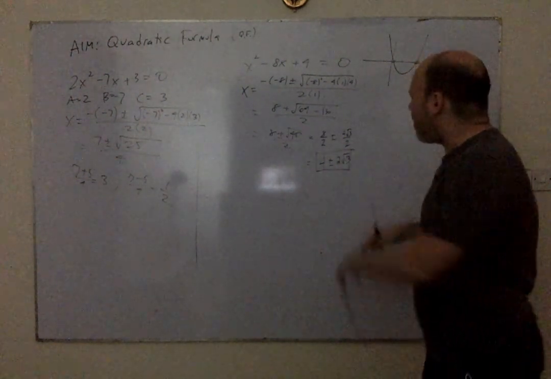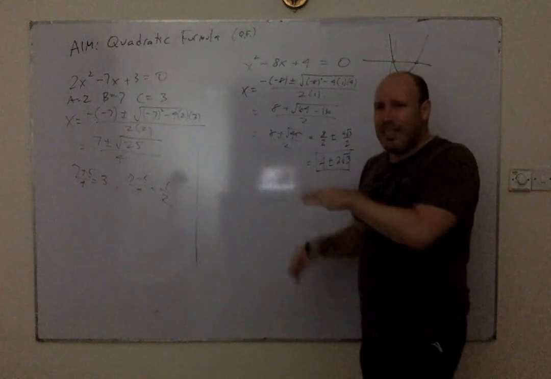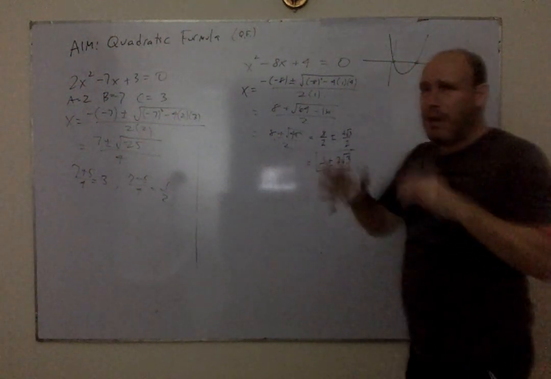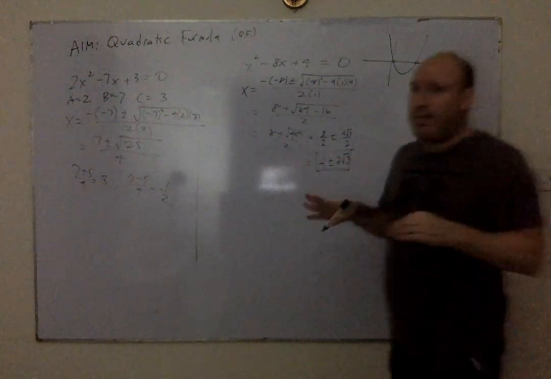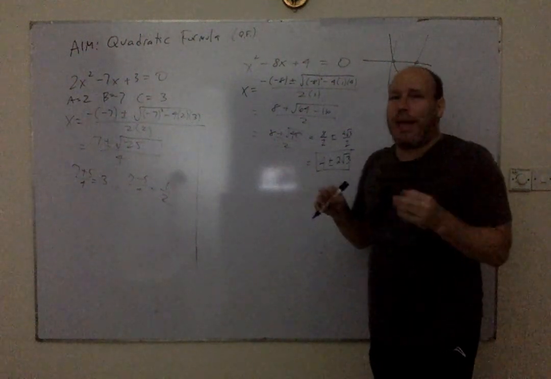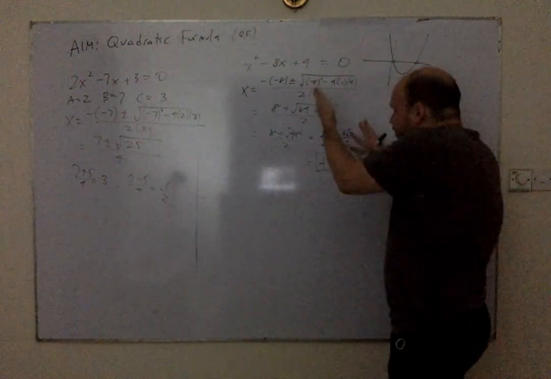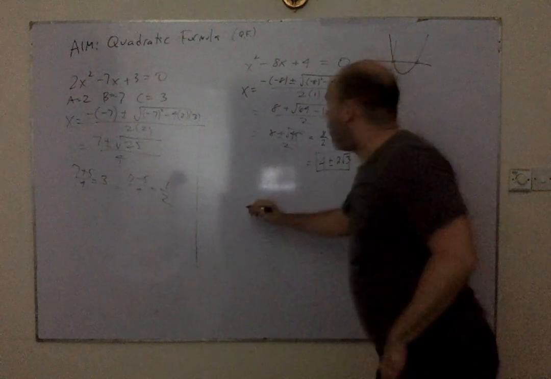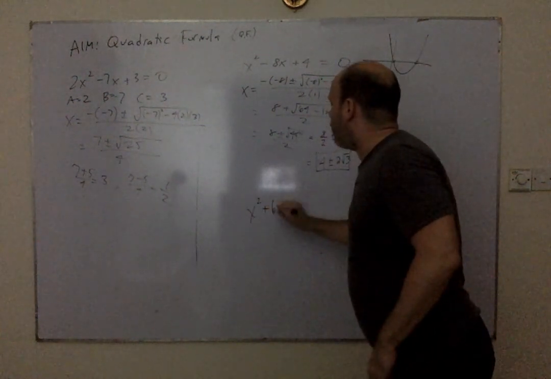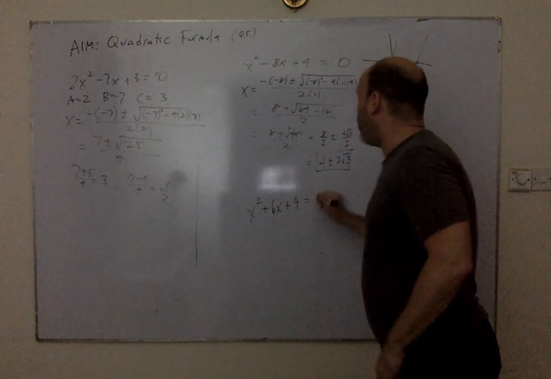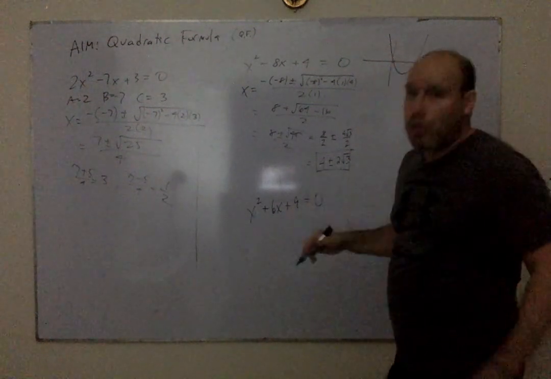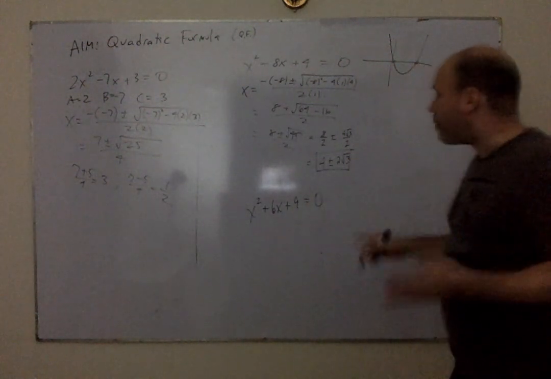It's not that it's a little advanced, it's tedious. You need to know how to manipulate this. You might be asked this on an SAT or something like that, where you identify this expression. Okay, next problem we'll look at. Next, x squared plus 6x plus 9 equals 0. Let's use the quadratic formula here.